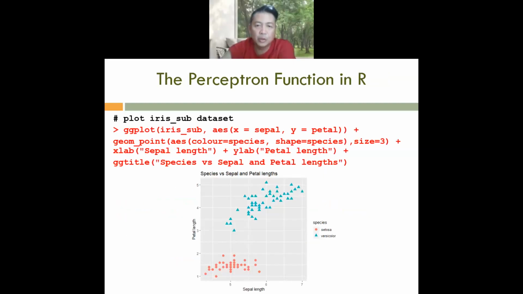If we plot them, this is what we have. All of the one color belong here, where the petal length and the sepal length are greater. For shorter sepal and petal length, we have them over here. So definitely from here we can draw a line.